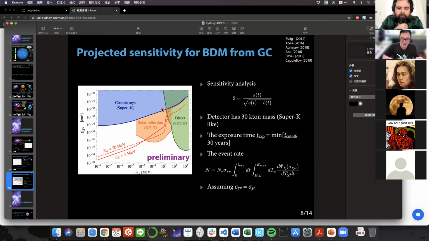But this is also a benefit for the model independent search. In this analysis, we simply assume that the neutrino cross section is the same as the dark matter electron cross section. But my collaborators and I are working on the next step of this framework, where we will put some particle models in the analysis, so that we can connect the two cross sections and compare them together. So this bound is coming from things like Xenon and SENSEI and experiments like that.